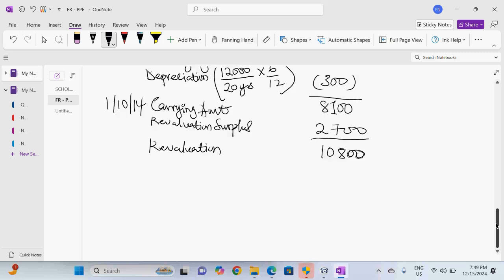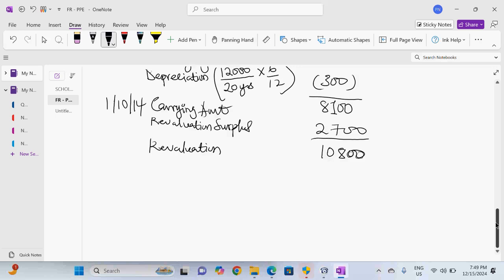What will be the depreciation charge in Vecton's statement of profit or loss for the year ended 31st March 2015? We have revaluation as at 2014, which means we have not gotten to 2015. So let's work to 2015.